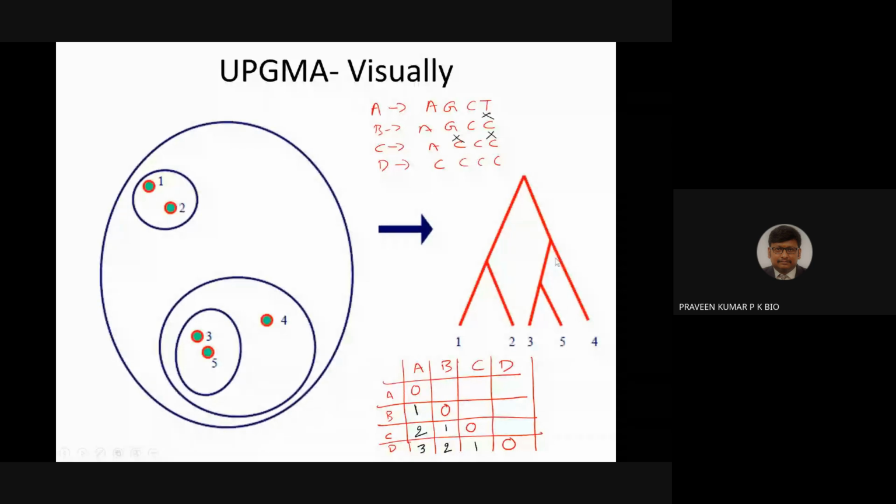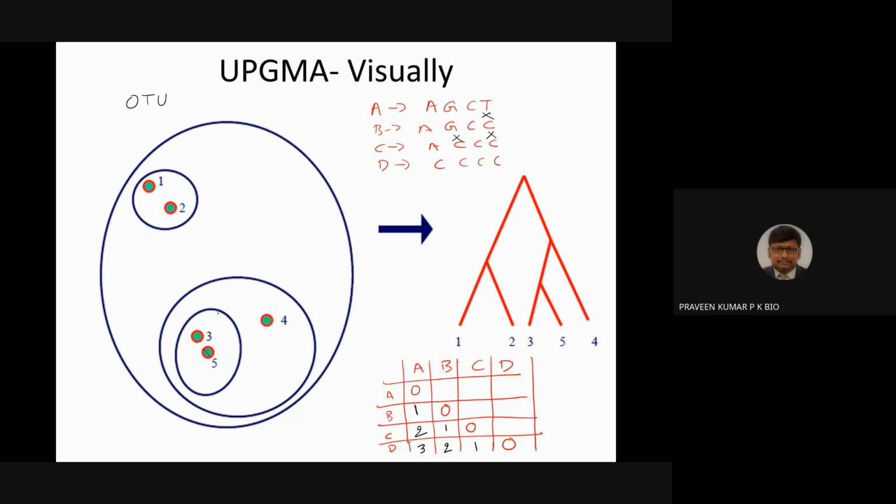So the relationships are clustered here. Initially we have clustered 3 and 5 as a single OTU. There is a terminology called OTU, which means operational taxonomic unit. If you are comparing different DNA sequences, here you are grouping. Initially you have 5 OTUs because we have 5 sequences in this example.